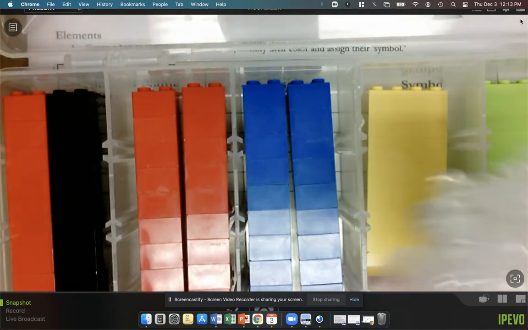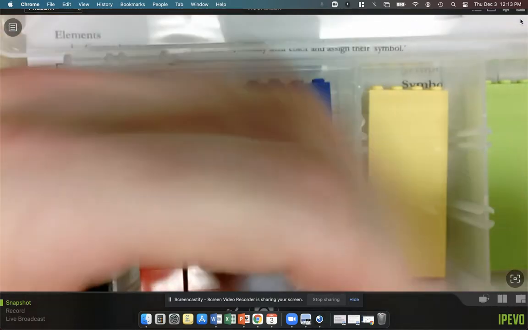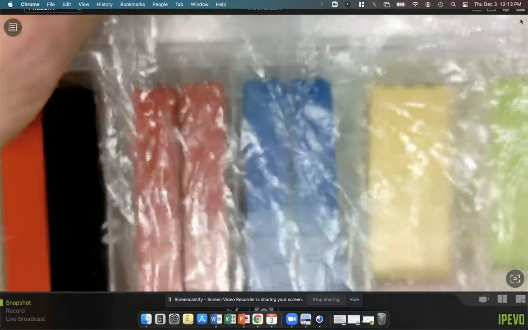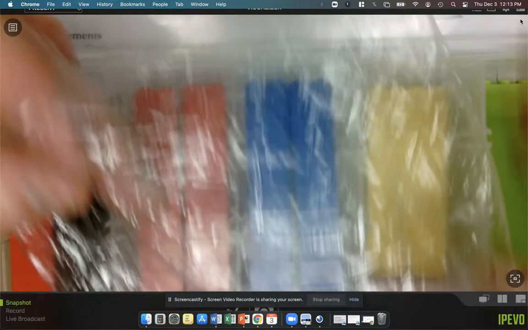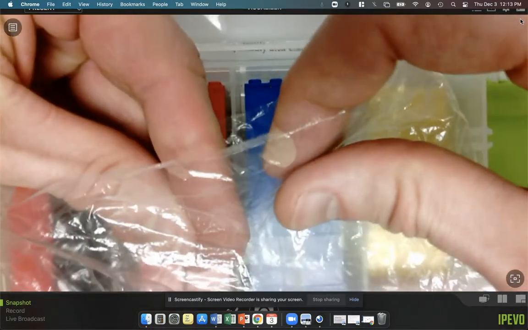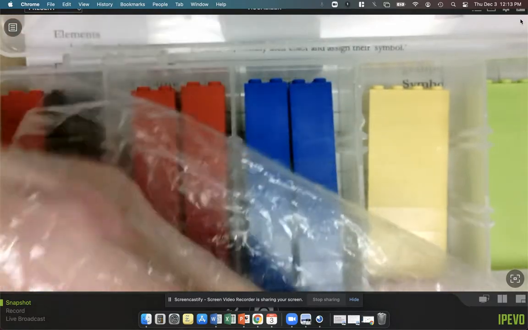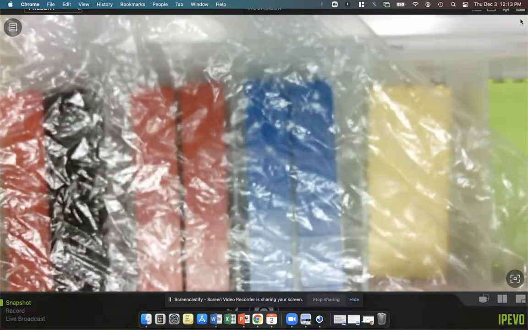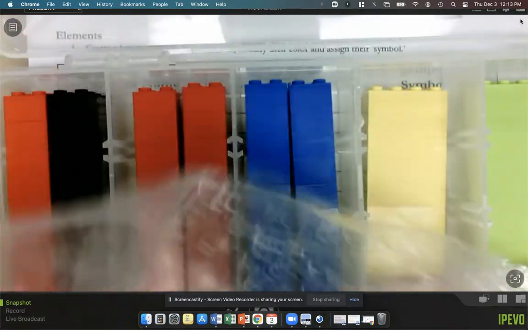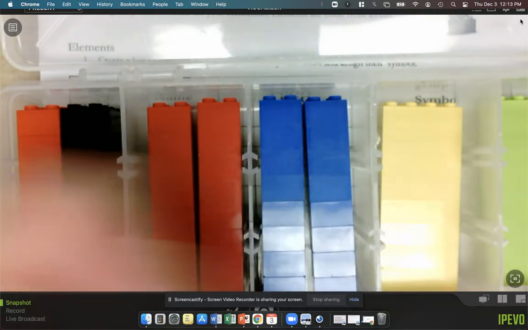You'll also notice inside the kit, there are these plastic bags. What are these for? Now, you're going to get to a question that says, put your molecules or your compounds in this bag. Why? When we put these into a bag, it's kind of simulating that we are combining them together, like pouring water into a glass.